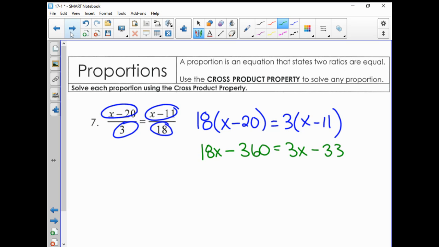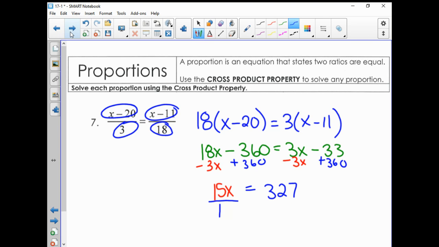And we can go ahead and solve. So let's subtract 3x from both sides. So 18x minus 3x is 15x. Let's go ahead and add 360 to both sides. So this is equal to 360 minus 33, which is 327.